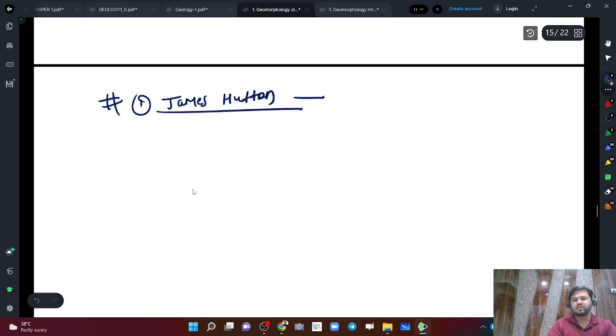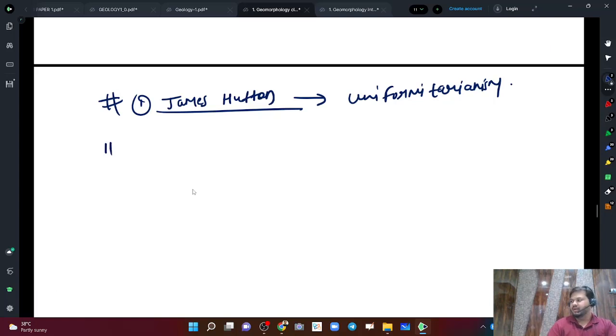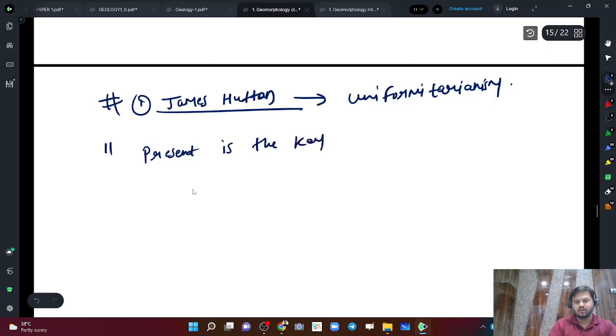He proposed a theory which we now call uniformitarianism, right? In very simple language, uniformitarianism is nothing but the present is the key to the past.